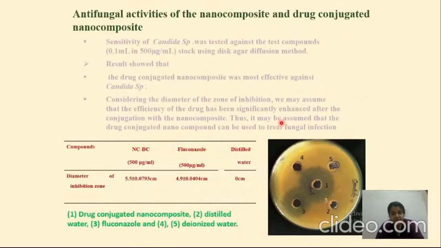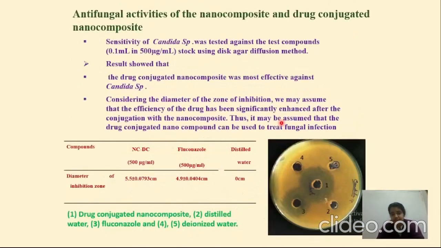Now, we also apply another type of nanocomposite, the mechanosynthesized CuAg-ZnO nanocomposite, and the drug conjugated nanocomposite. Basically, the antifungal drug fluconazole conjugated nanocomposite acts as a very good antifungal agent against various types of fungi like Candida species.